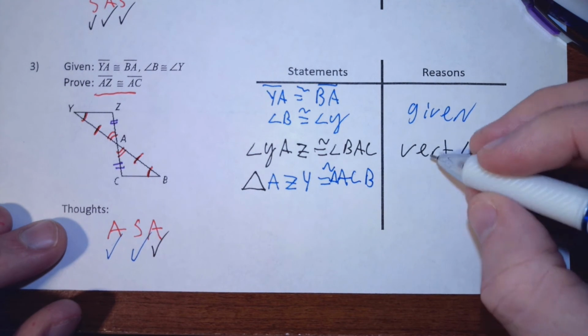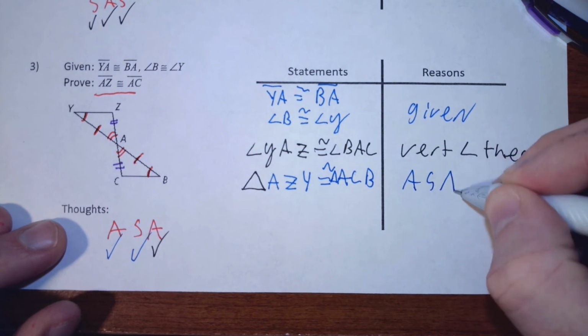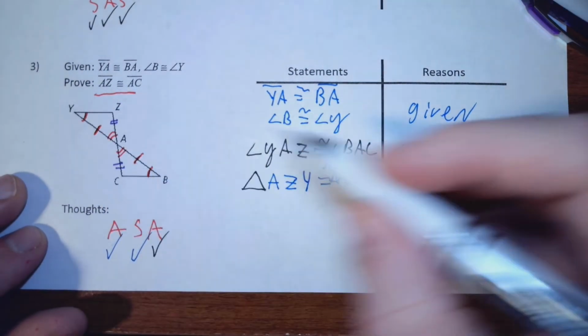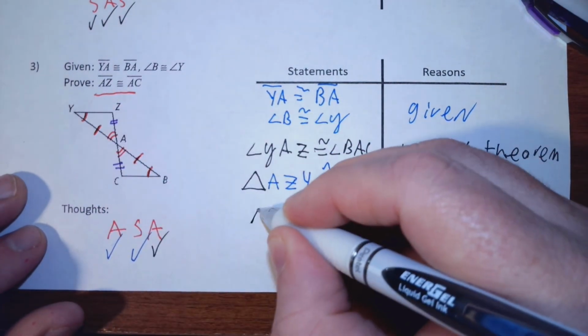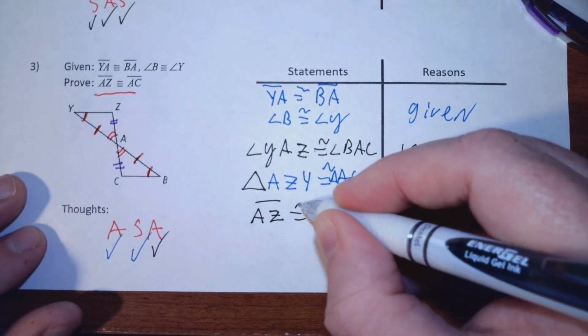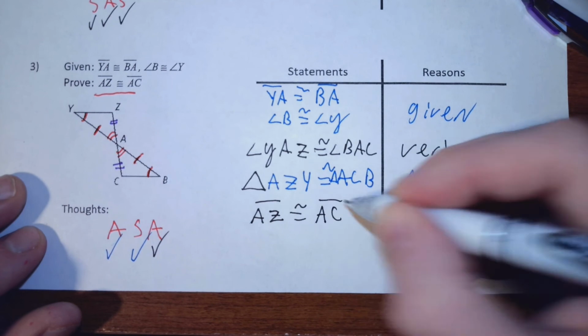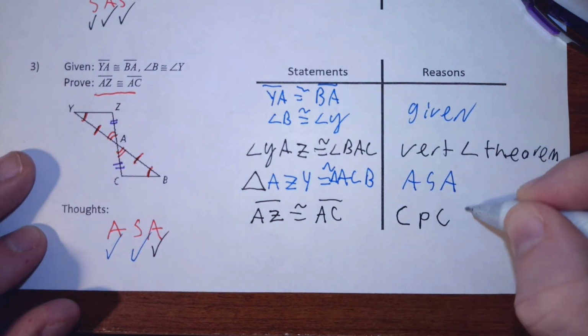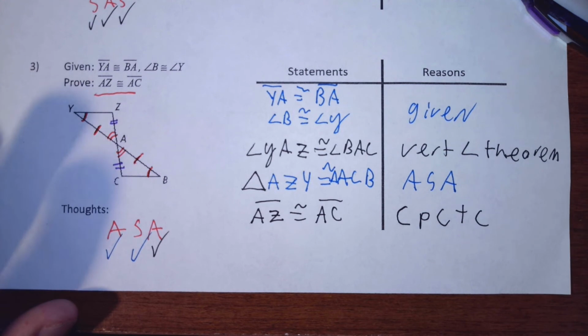And that is because of ASA. And of course, I've told you earlier, if we're proving these sides, it's easy. You just got to remember the one theorem. And that one theorem is the corresponding parts of congruent triangles is congruent theorem.